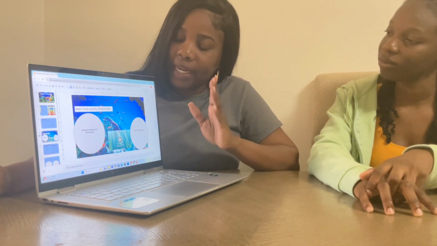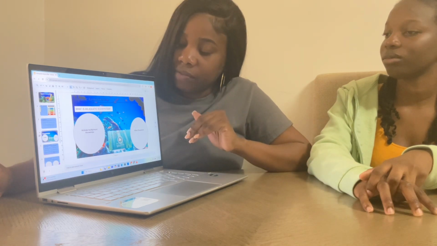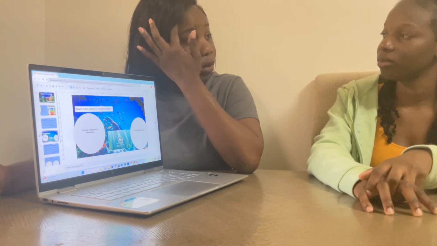And what are some of the types of ecosystem that we looked at? We looked at the land or terrestrial ecosystem. Give me at least 2 examples of land or terrestrial ecosystem. 2 examples are forest ecosystem and desert ecosystem.